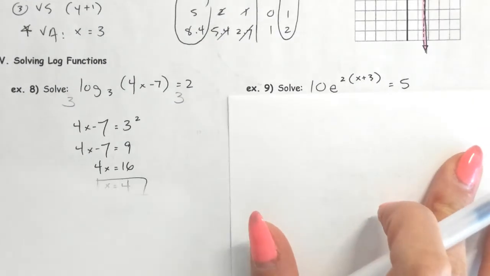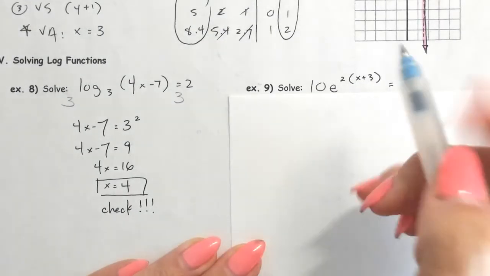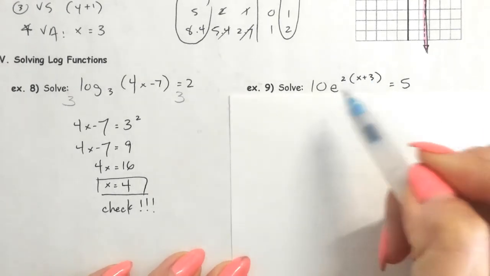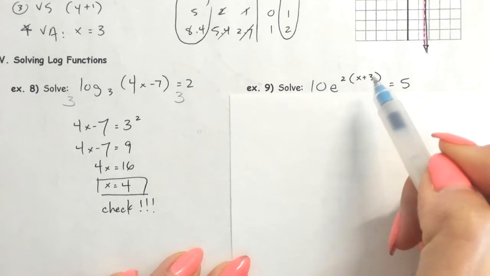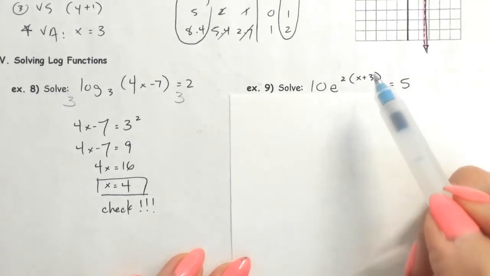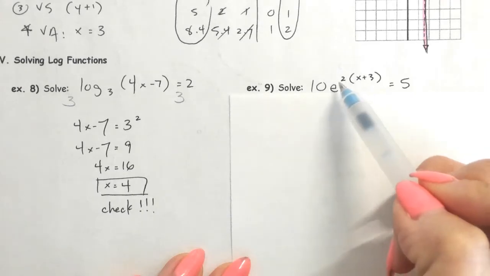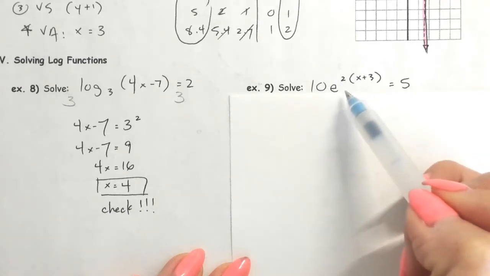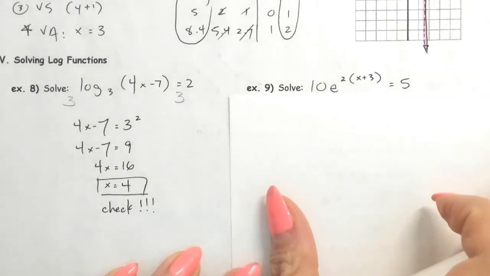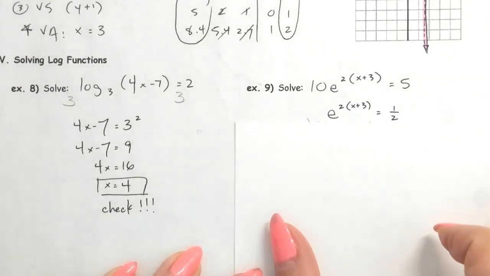Let's say you have something like this. So again, I'm solving for x. I want that x to come down. I can't do anything with it like this, so what I'm going to do is log both sides. But I can only log both sides if I have just one number here. An e is a number, that's okay, but this 10 is in the way. So first, divide by 10.